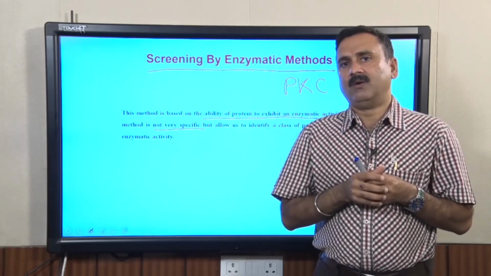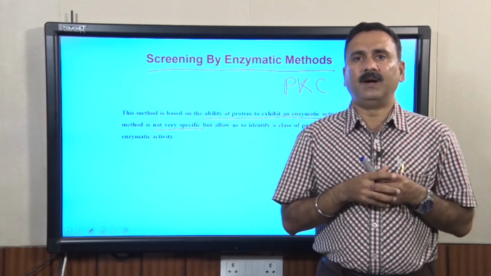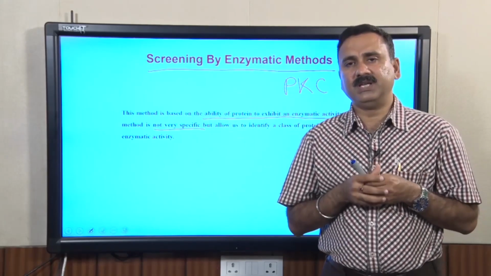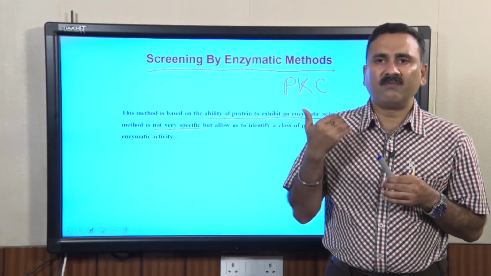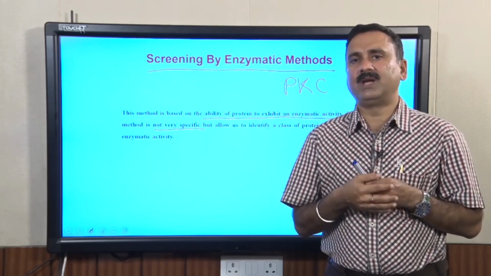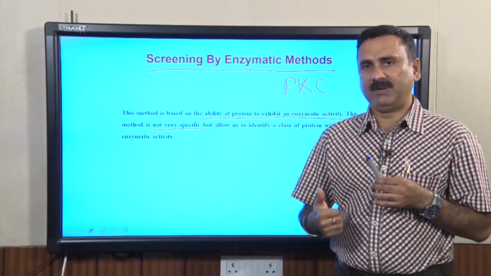But once you have got these clones, you have to get your gene, and you also have to do some more confirmatory tests before you can use them for downstream applications.